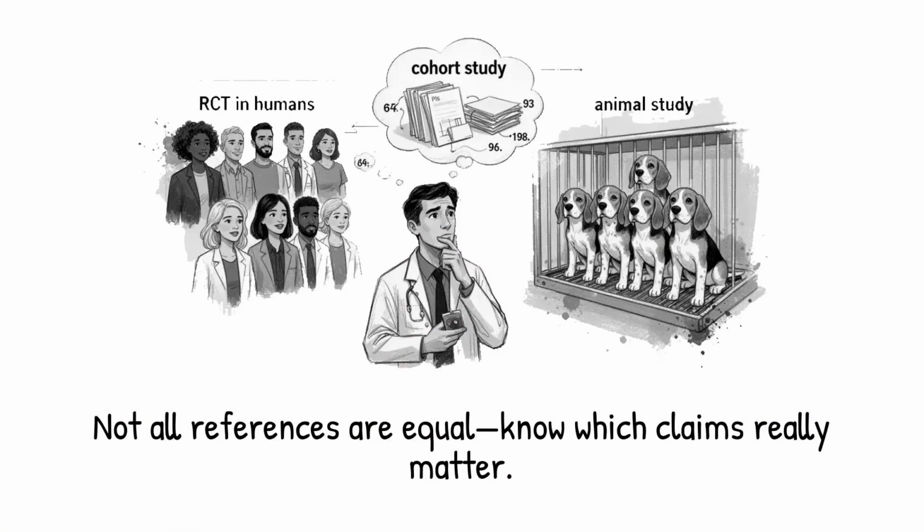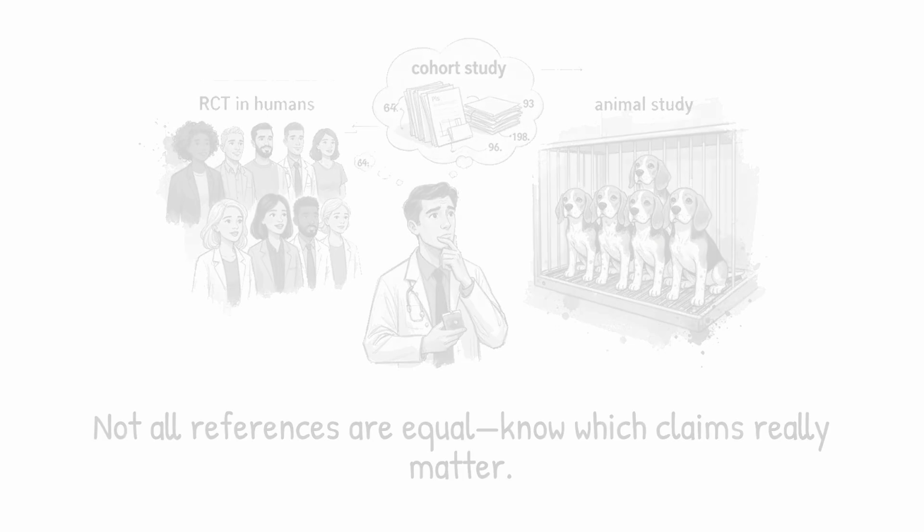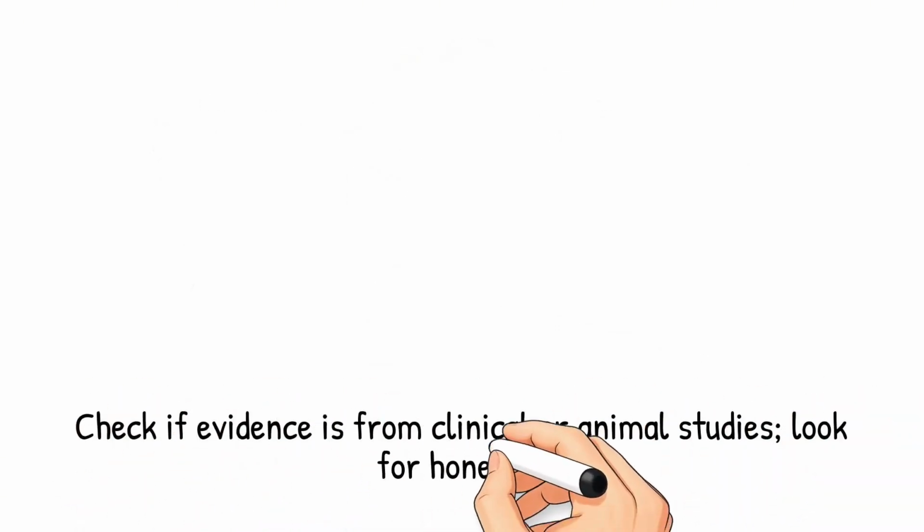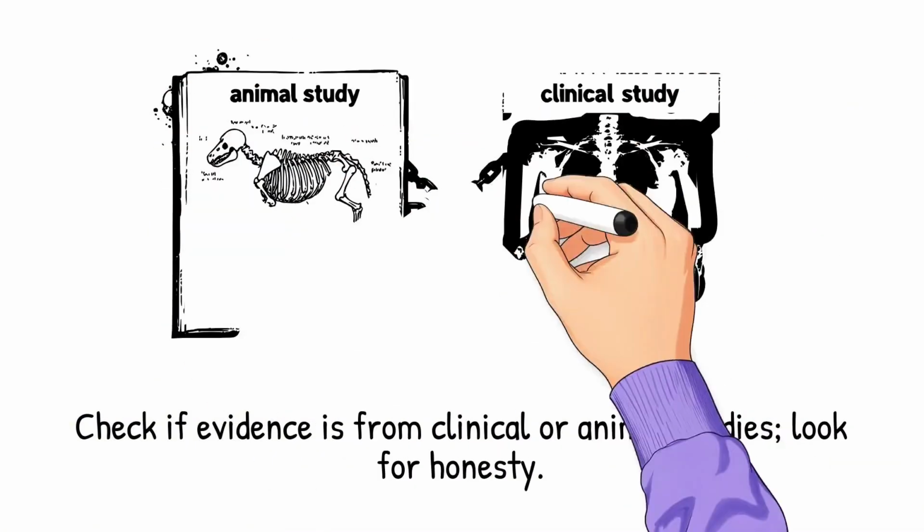Your job is not to chase every reference, but when a citation is supporting a central claim, something the entire rationale depends on, it is worth asking, what kind of study is behind that number? Is it an RCT in humans? A cohort? An animal study with 6 beagles? In this introduction, the preclinical evidence cited is from animal models. That is honest. The authors say so explicitly.